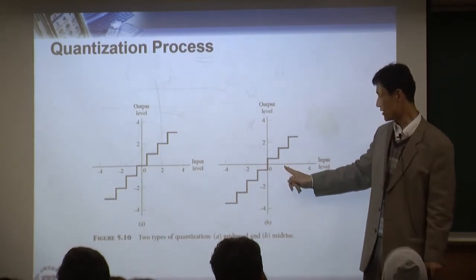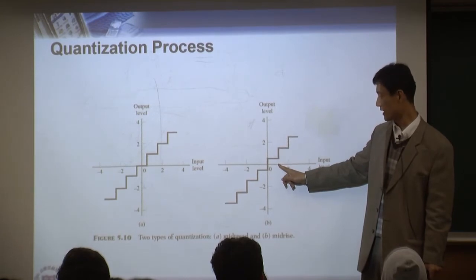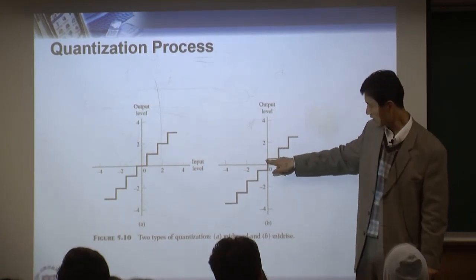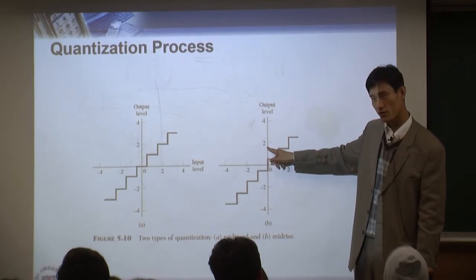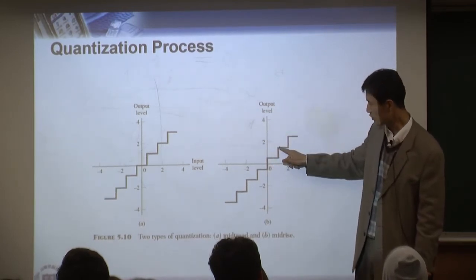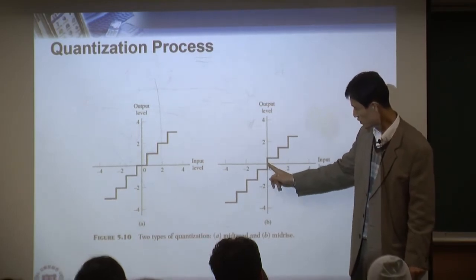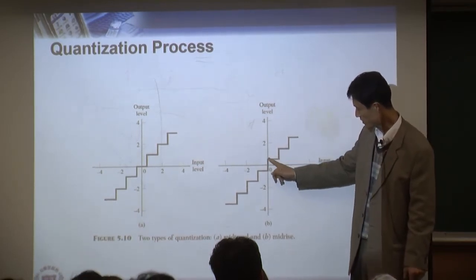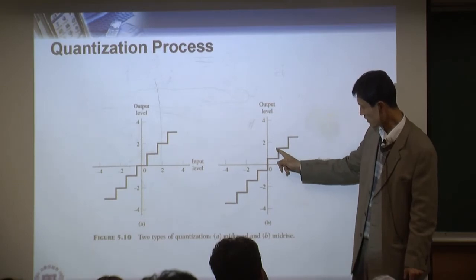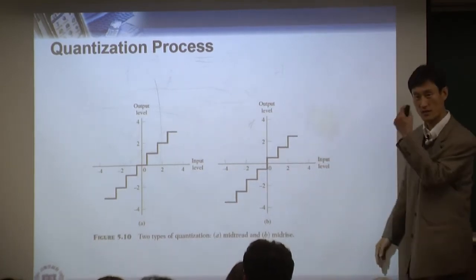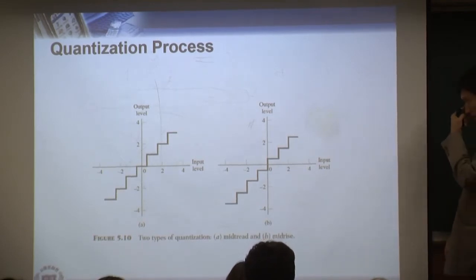What if your input is 1.1? In that case, you're going to get another output, but it suddenly jumps, right? So you can never have an output value between these two, because see here, the mapping is between here to here, you get this output. Between here to here, you get this output. That's the quantizer function, right?